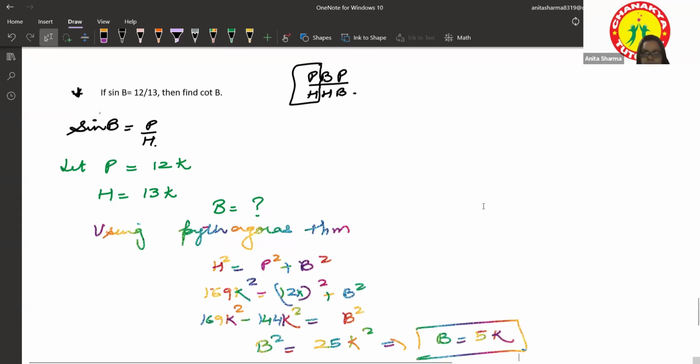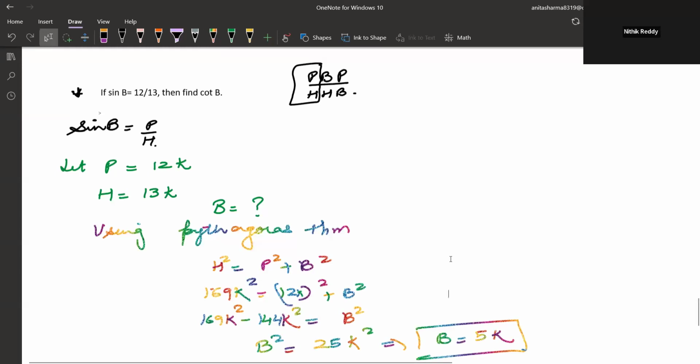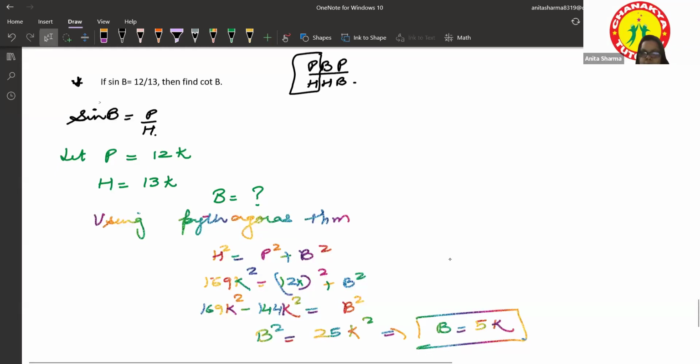Nitik, please tell me the next step for finding cot B, beta.